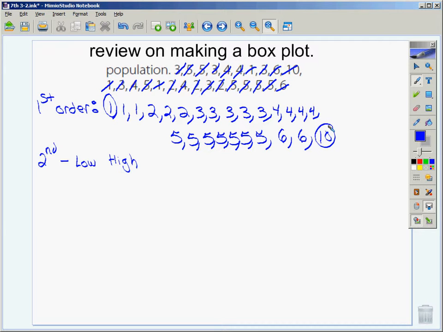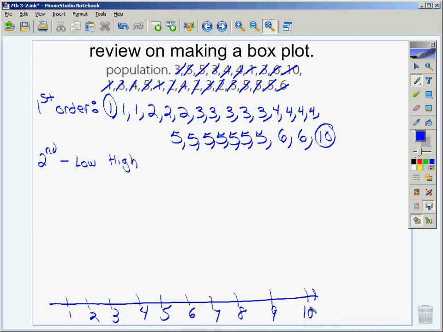Now, I know that when I go to create my box plot, I'm going to need the numbers 1 through 10 on my number line.